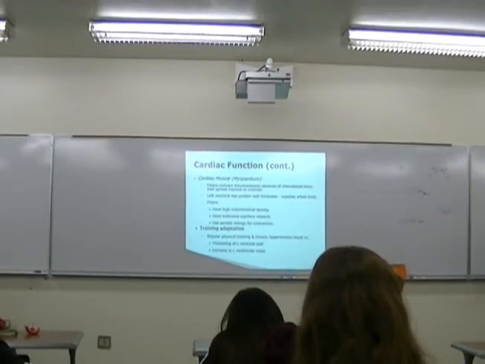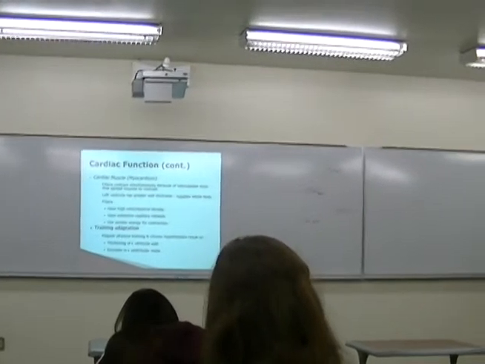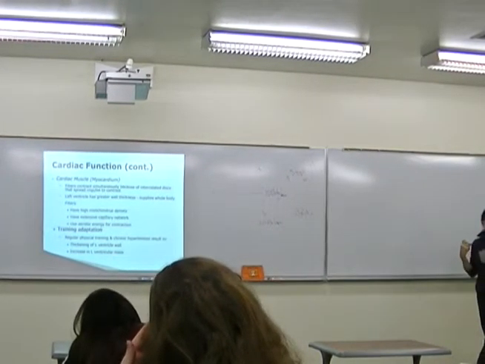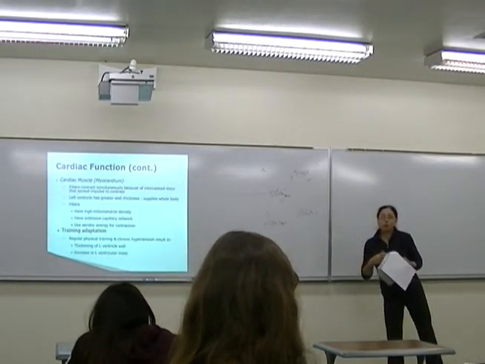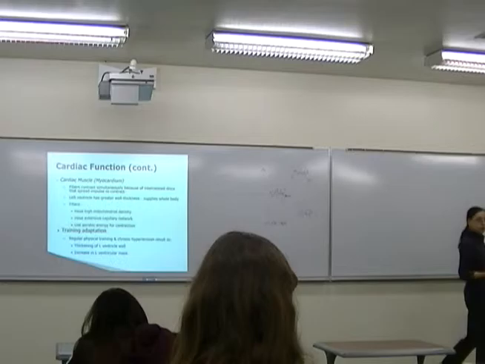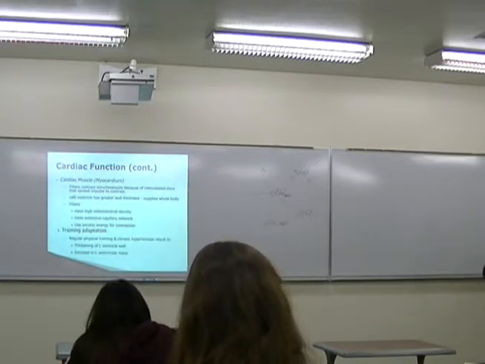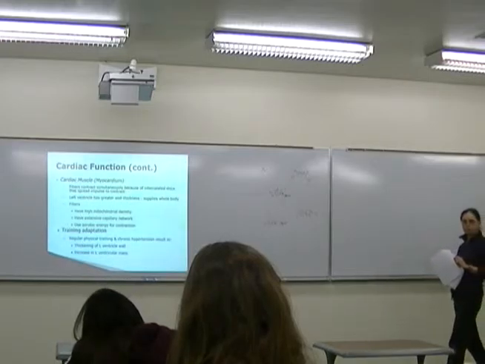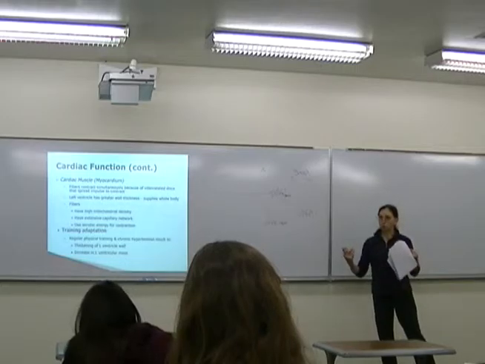So the fibers in the heart are high in mitochondria and lots of blood vessels, and they use aerobic energy for contraction. So they're much more similar to a type 1 fiber than they are to a type 2 fiber in job.